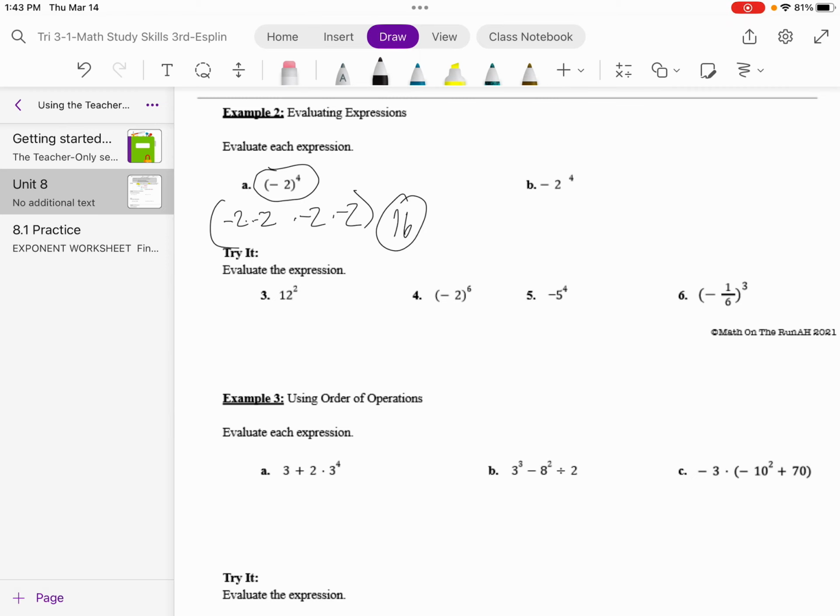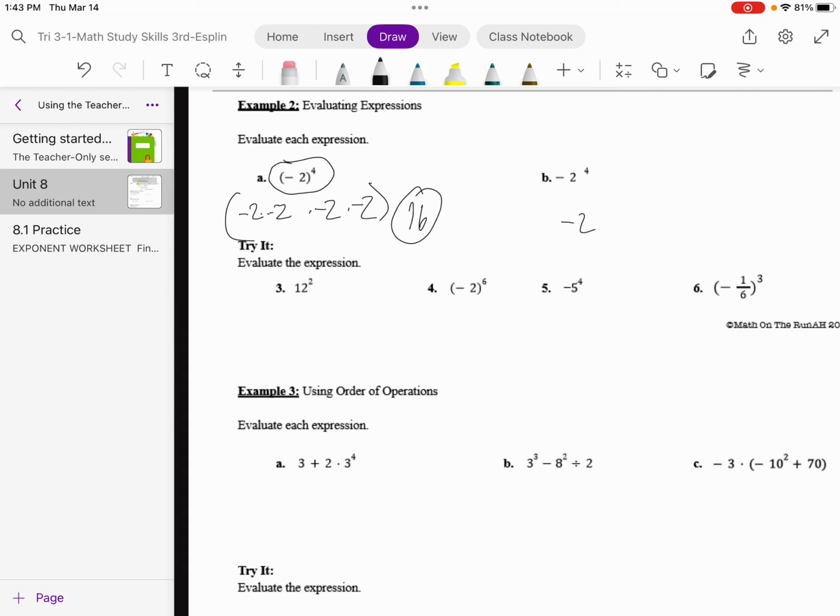This one I have -2 to the 4th. Now the difference between this one and this one is the negative is not in the parentheses. It is outside the parentheses. So it would look like this.